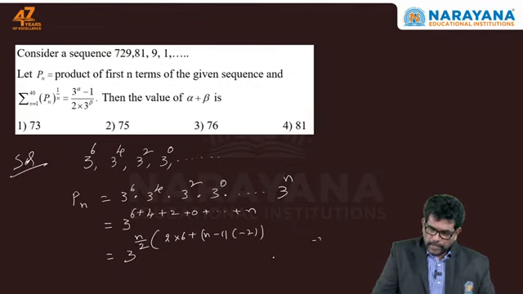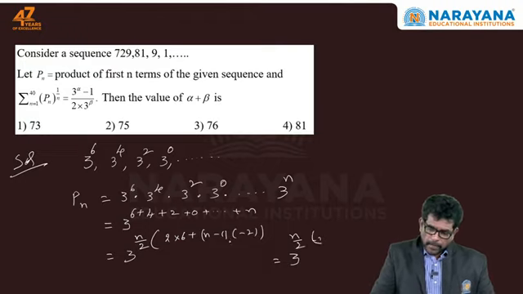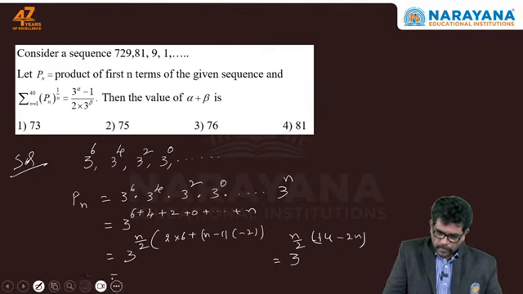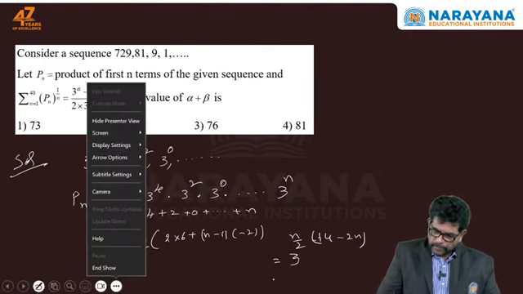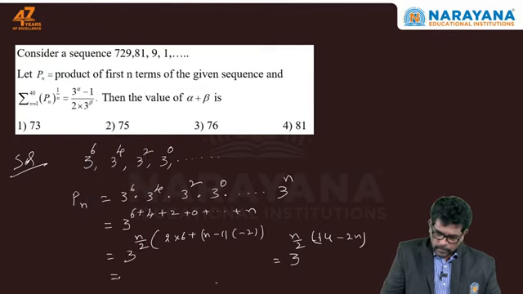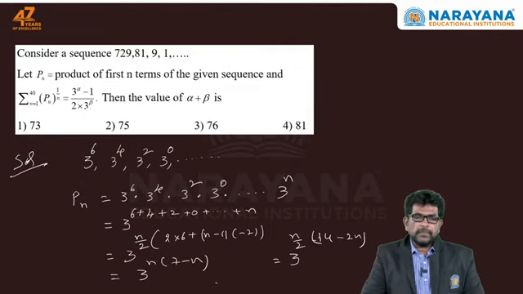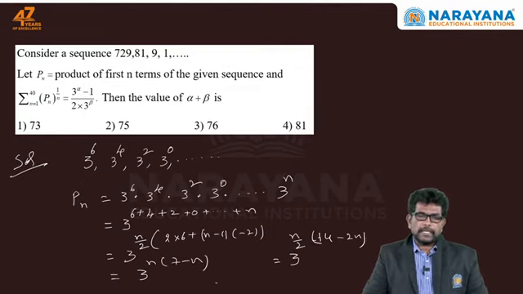Now we simplify the exponent: 3 to the power of n by 2 times (12 plus 2, 14, minus 2n). This is equal to 3 to the power of n times (7 minus n). This is Pn, where Pn is equal to 3 to the power of n times (7 minus n).